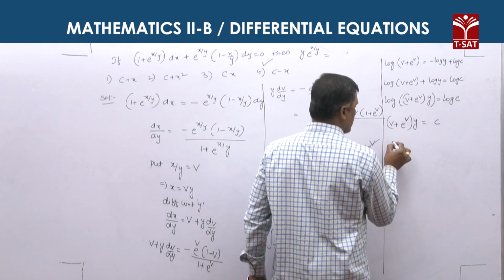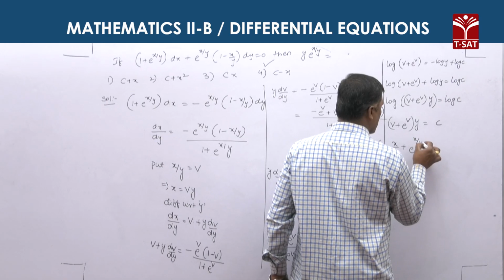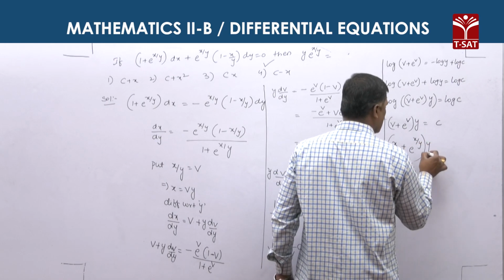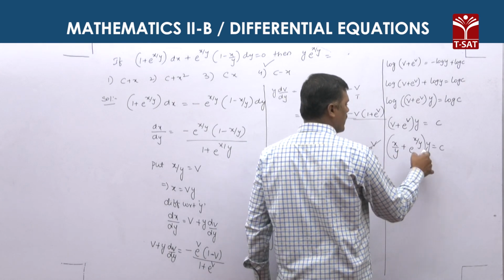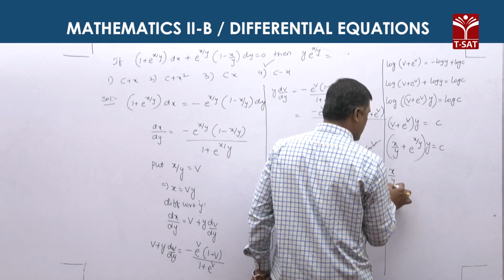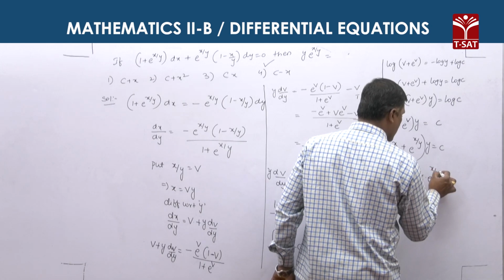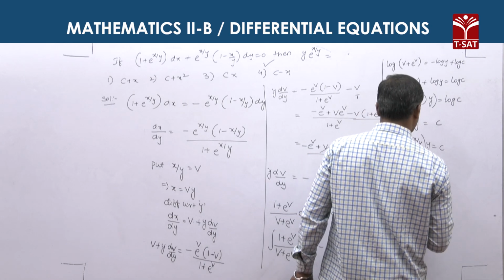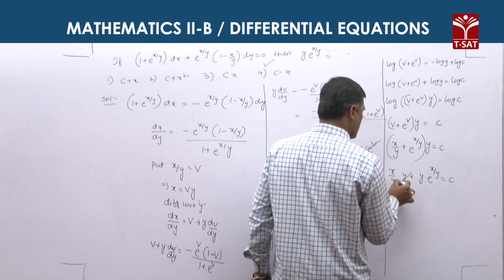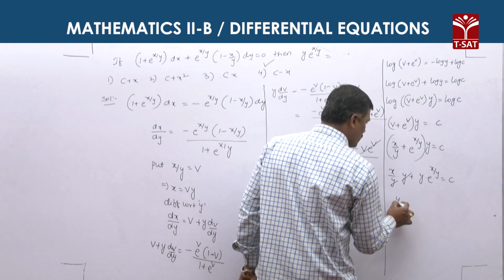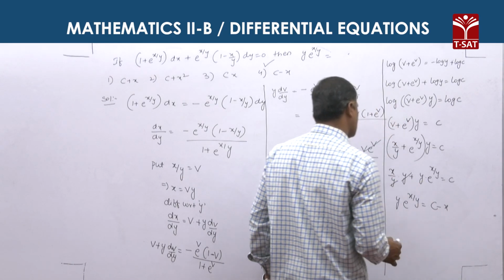So x by y plus e power x by y, into y, is equal to c. Now you can multiply: x by y into y plus y into e power x by y is equal to c. The y will go, so y into e power x by y is equal to c minus x.